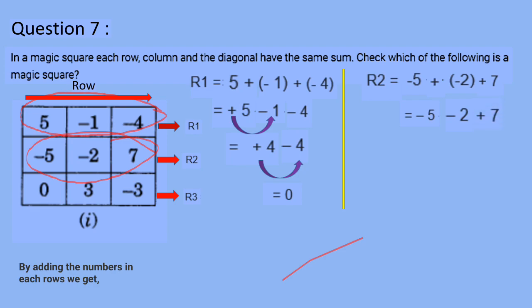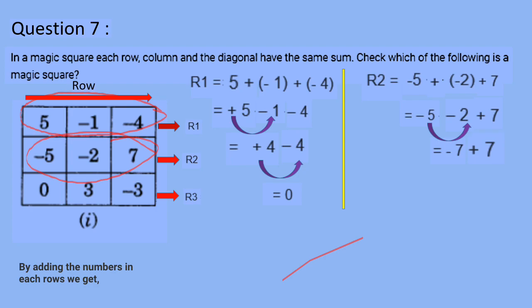Now I'll take first two integers, minus 5 and minus 2. Both are same sign, so I'm going to add and put the larger number sign. So 5 plus 2 is 7, and here the symbol is minus, so I'll put minus 7 like this, and the plus 7, I'll write as it is.